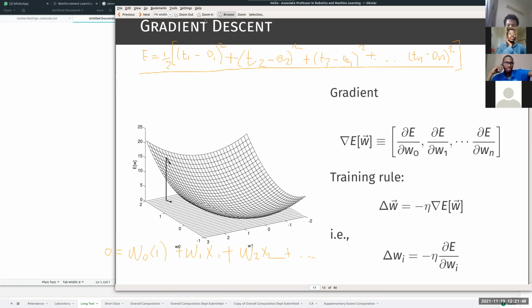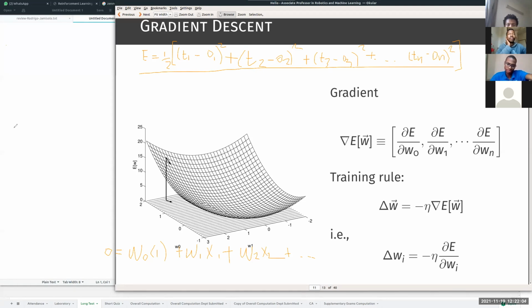Now, we are given the ith term, for example.